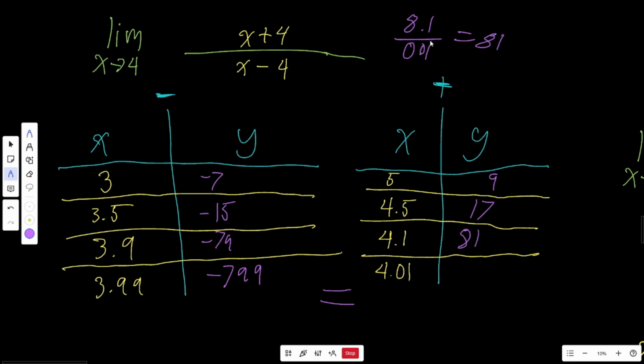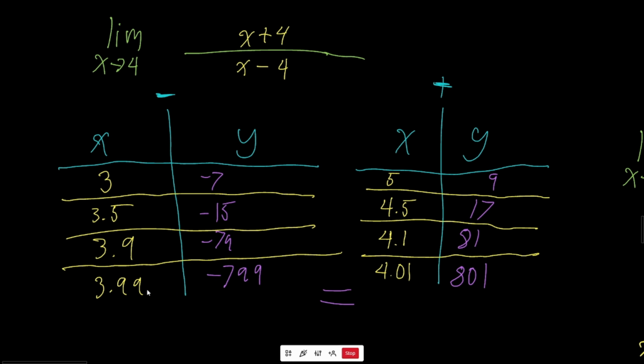And 0.01 would just make it 4.01, and we'd get 801, if I'm not mistaken, 801. So let me remove this. Basically, it gets infinitely larger. Now, this trend will continue on as long as you keep typing in more 9s or more 0001s.